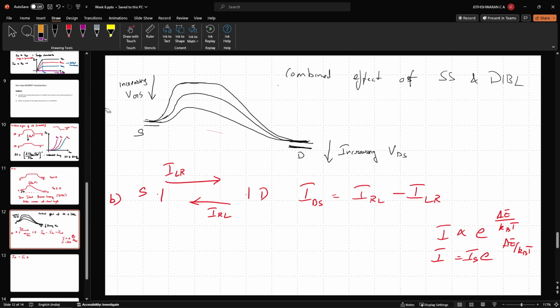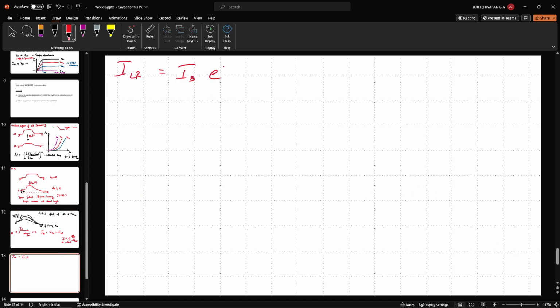Yeah, because as the, oh no, it is minus, because the charge is negative. Yes, higher the barrier, lesser the probability of the electrons crossing that barrier. Okay, so it's as simple as that. So this is IS times e to the power minus E channel and source, which I'm going to call ESC divided by KBT. A slightly different notation would have been used by Professor Vishwet.